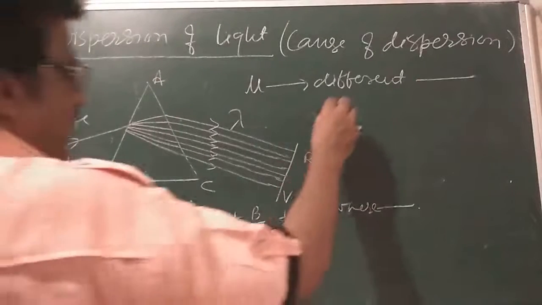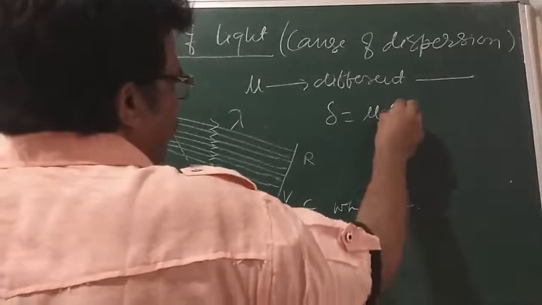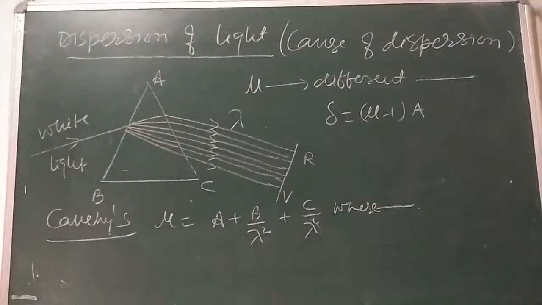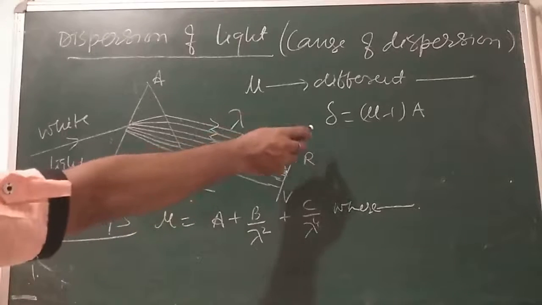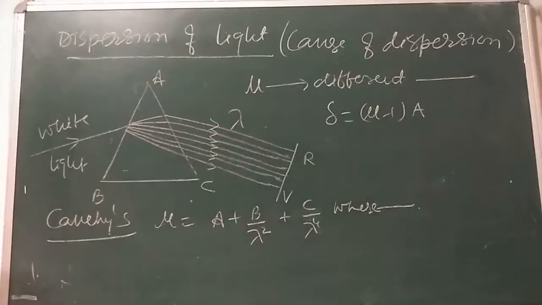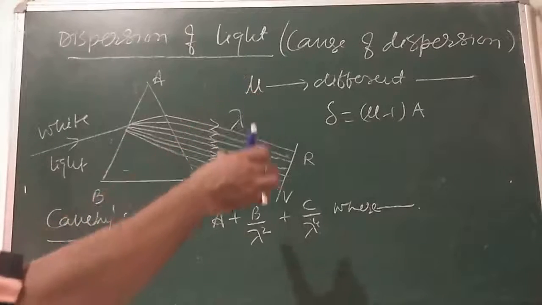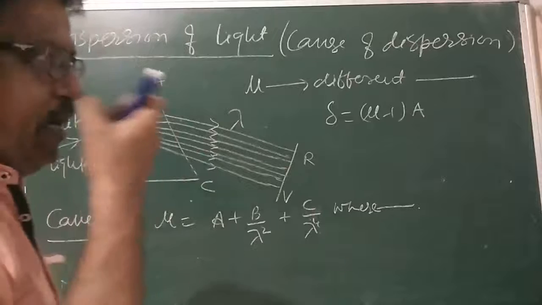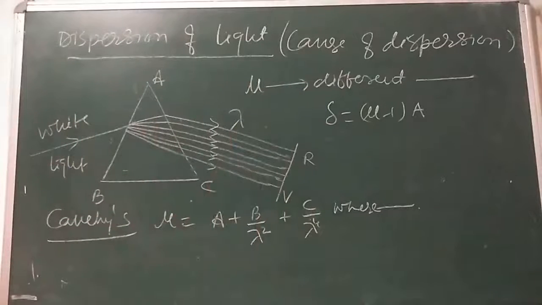And we know very well delta is equal to mu minus 1 into A. Thus mu is different for the different colors. Therefore, different colors deviate through different angles on passing through the prism. Hence, the colors separate.